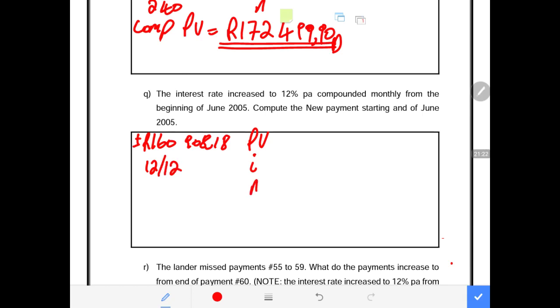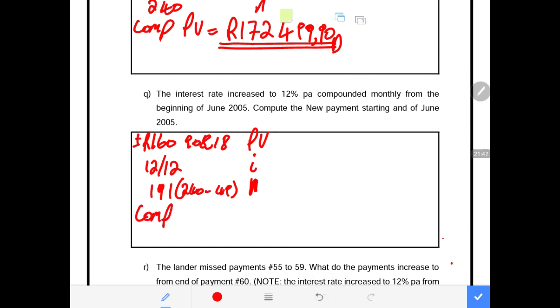Our N will be 240 minus 49, because 49 payments were made and the remaining payments, remember, were 191. So it will be 240 minus 49 payments that we already made, because the 50th payment will be at the new interest rate, which is 12% per annum compounded monthly. What are we looking for?